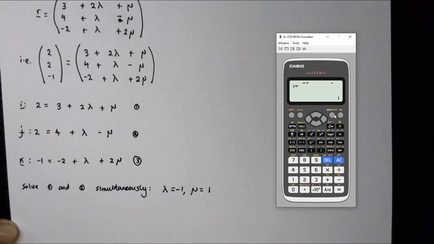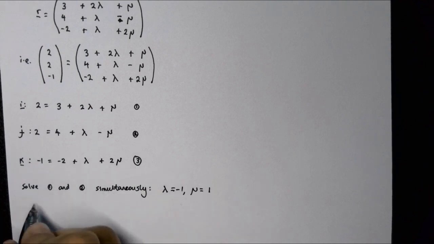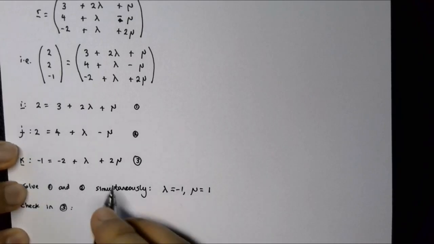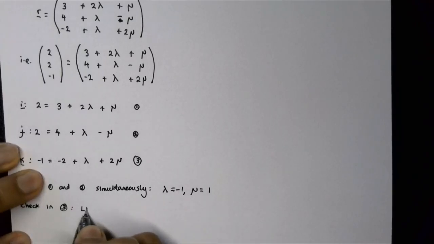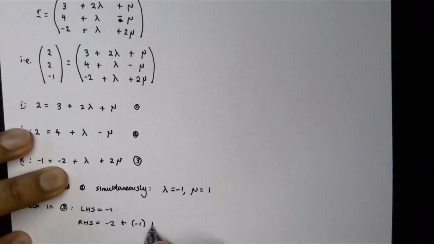So what we will now do is confirm whether these parameters satisfy this third equation. So we will check in equation 3. On the left hand side we've got the minus 1, and on the right hand side we've got minus 2 plus minus 1 plus 2 lots of 1.